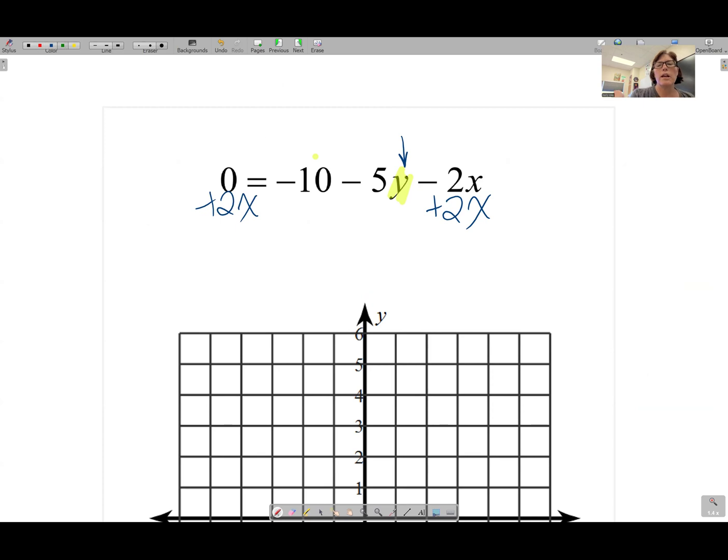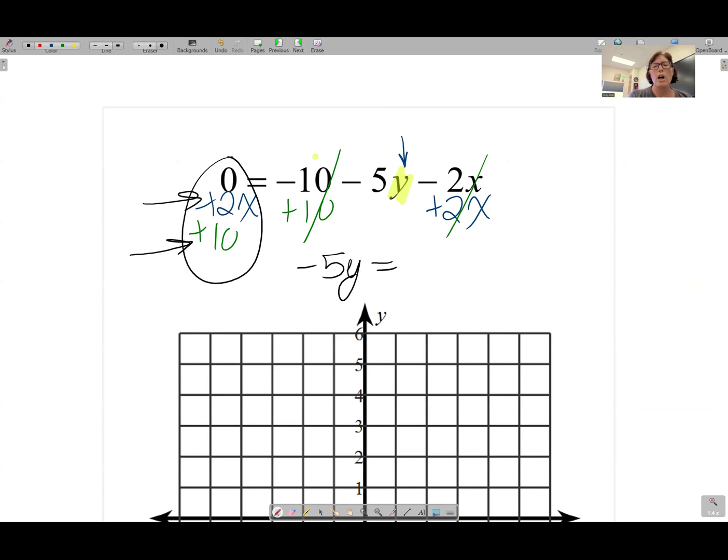I'm going to cancel. I'm going to add the 10 and add the 10. Cancel. I'm going to switch it around so it's a little bit more familiar here. Negative 5y equals, this is a couple and a single. Couples and singles do not mix and mingle. So that is not 12x, that's 2x plus 10.